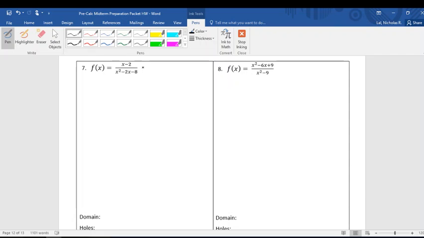This will equal x minus 2 still in the numerator, but we need two values that add to negative 2 and multiply to negative 8, and the solutions are negative 4 and positive 2.